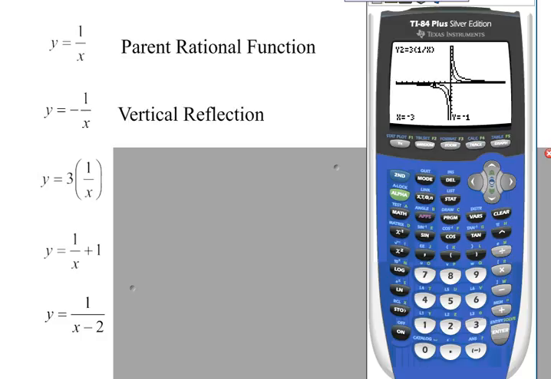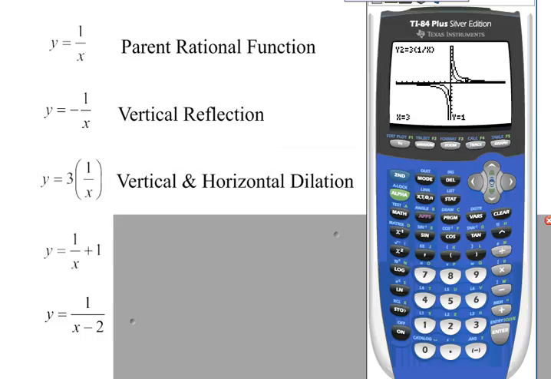So not only has that parent point (1, 1) changed to (1, 3), but it's also changed to (3, 1). Which means not only is it a vertical dilation, it's also a horizontal dilation. And so any number out in front is going to serve as both of those things.